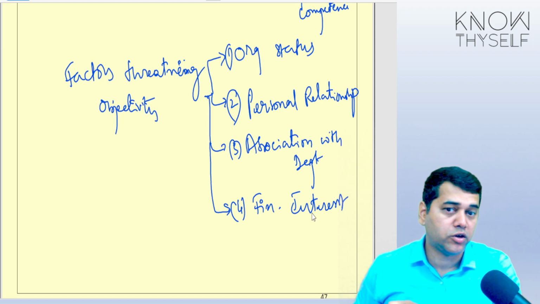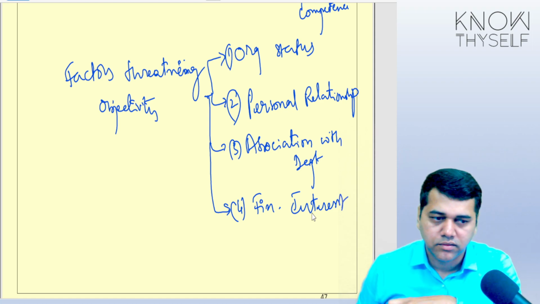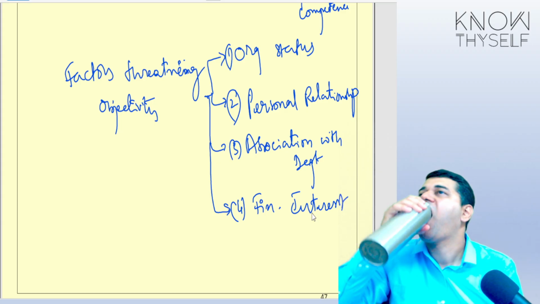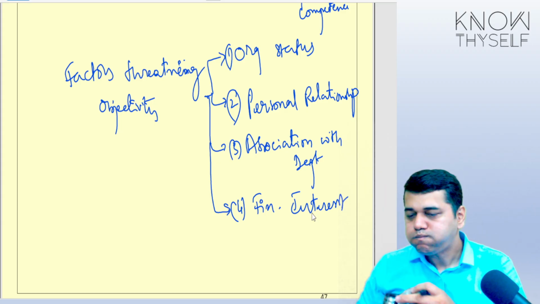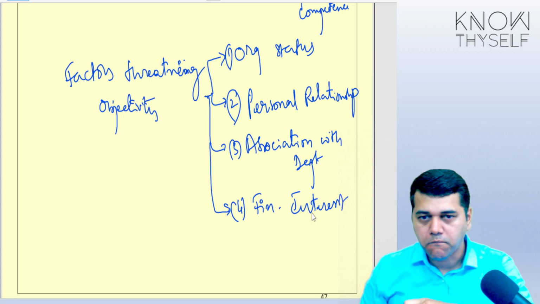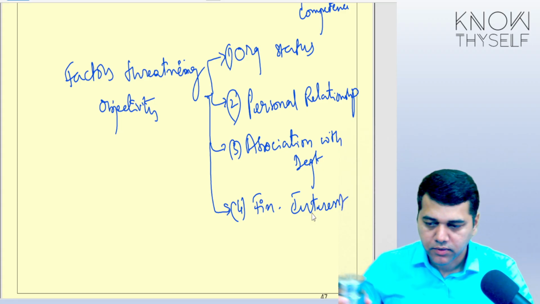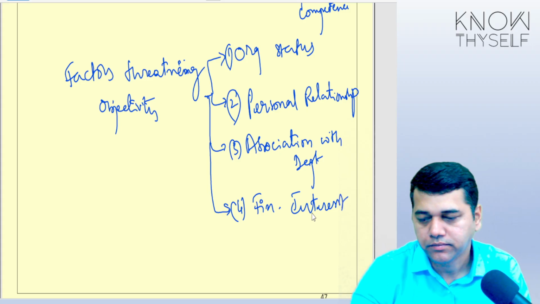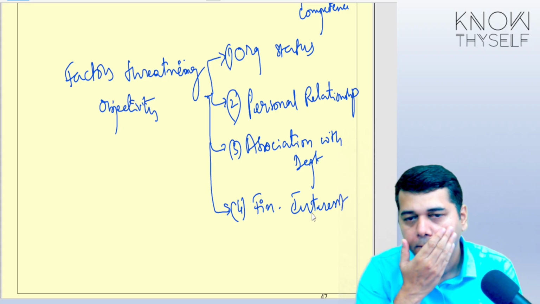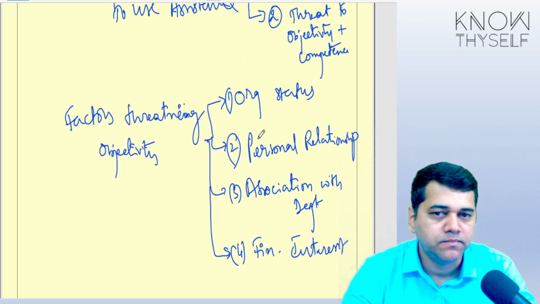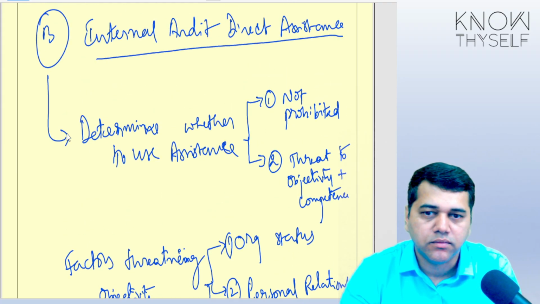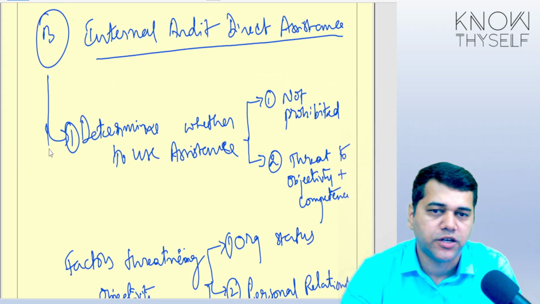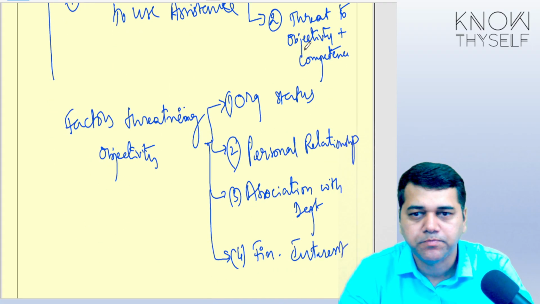So they may not be objective in their work. Okay, done. So this is the first objective, determining whether to use the assistance.